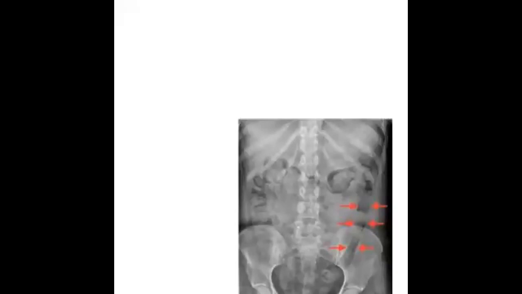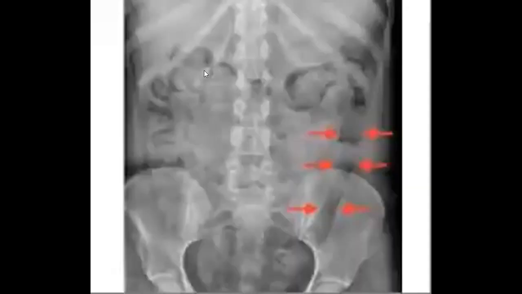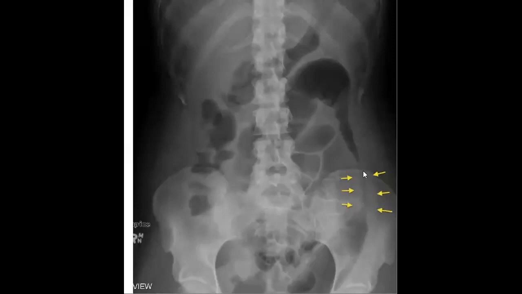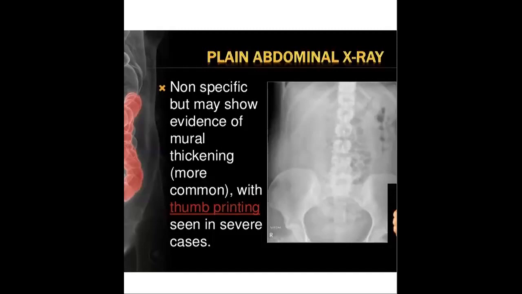Lead pipe, ulcerative colitis. Lead pipe. Thumb printing. This one is more obvious. Bowel wall thickening. So colitis.